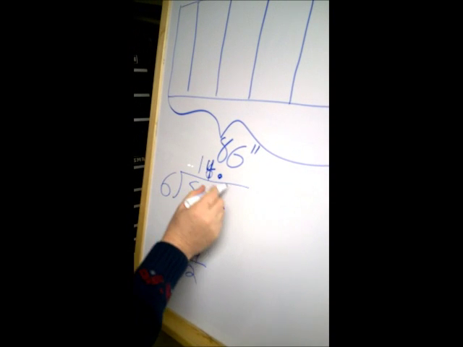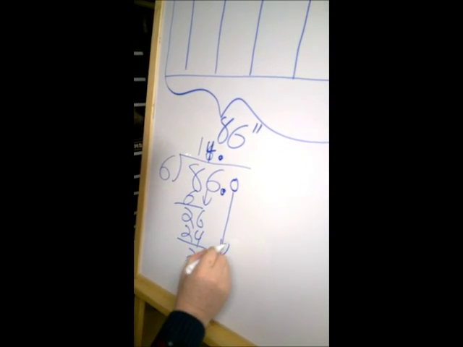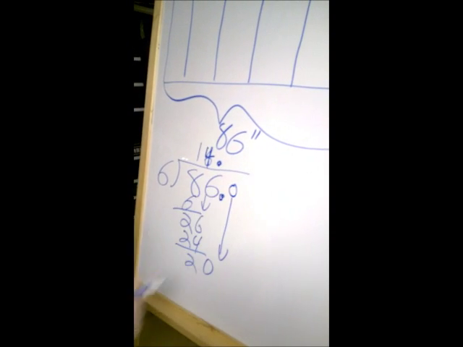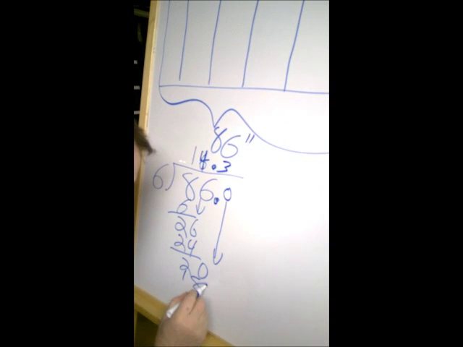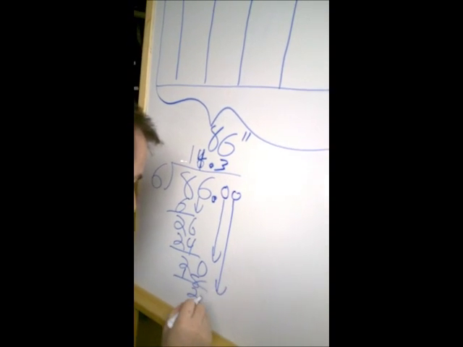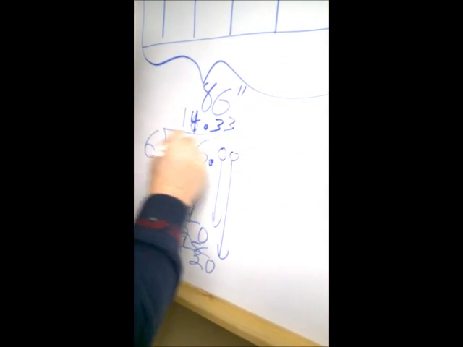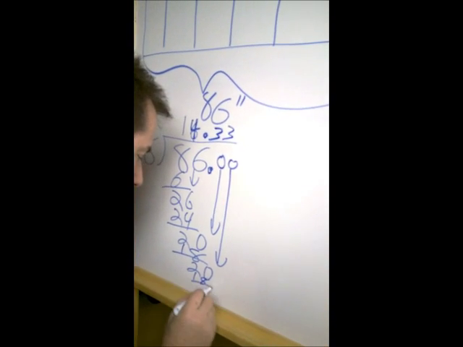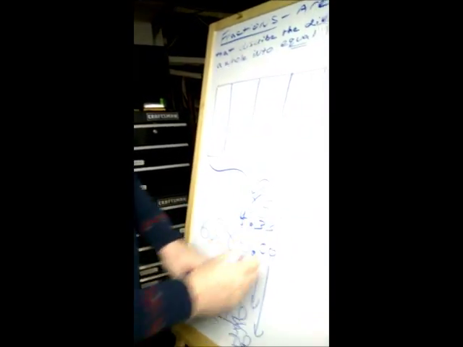Put my decimal here. Bring down a 0. 6 into 20 goes 3 times. 3 times 6 is 18, 2 left over. I'm going to bring down another 0. I'm getting 20 again. So 6 into 20 again is 3 times, 18, 2. I see now that I'm going to have a repeating decimal, 14.333.